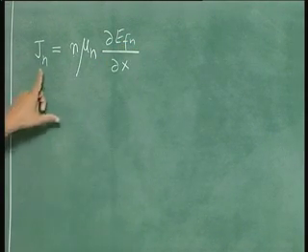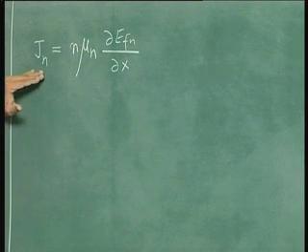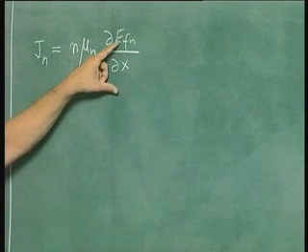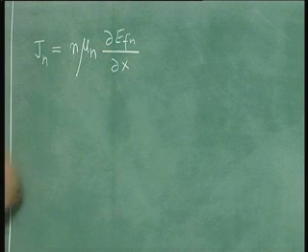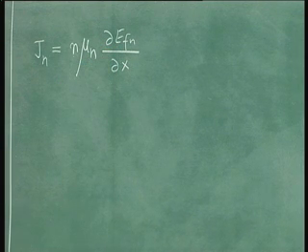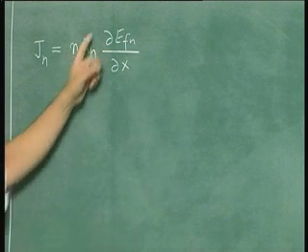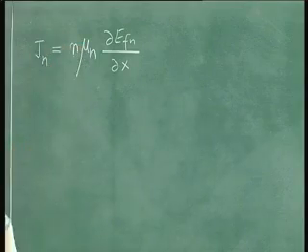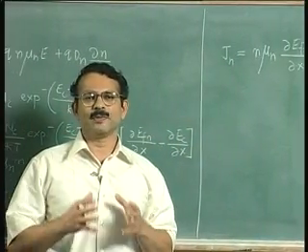That is the compact expression for the electron current in terms of the quasi-Fermi level. So now you can understand why the quasi-Fermi level is a powerful idea. The gradient of the quasi-Fermi level contains information about the drift as well as diffusion.